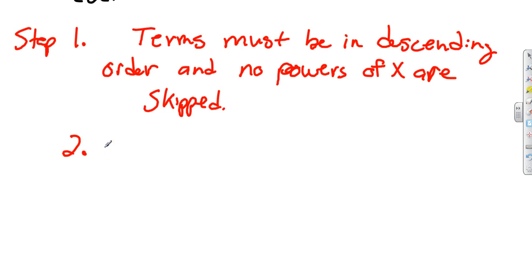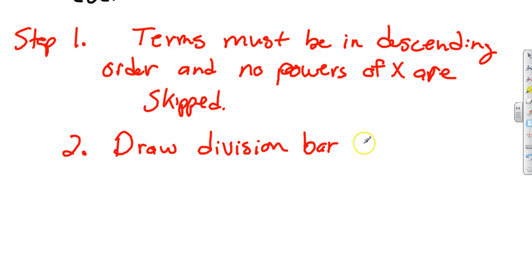Okay, step 2. Here's where it starts changing. You're basically going to take your division bar that you have and draw it upside down. And I don't know that that's a step, but I've always written it in this way just to kind of go through this one. So draw your division bar upside down.